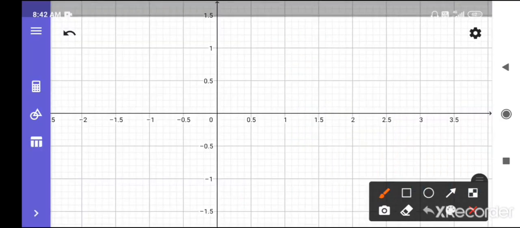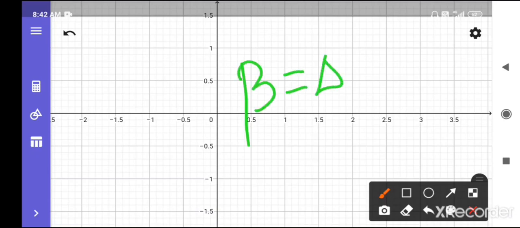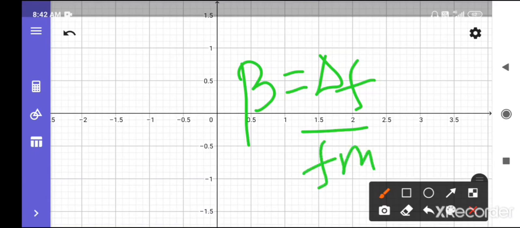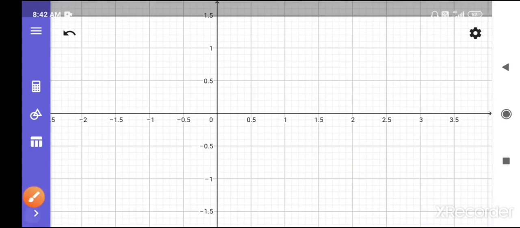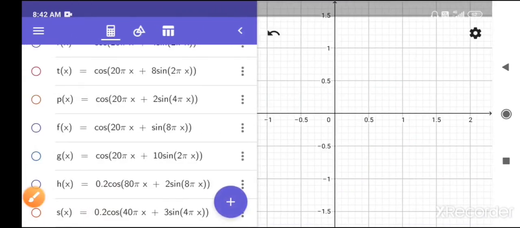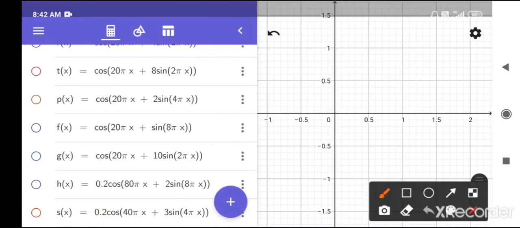Now we are going to change the fm value so that the beta value is also changed, because beta is del f by fm. By increasing the fm value, the beta value will decrease. So in this we can observe that we are increasing the fm value.